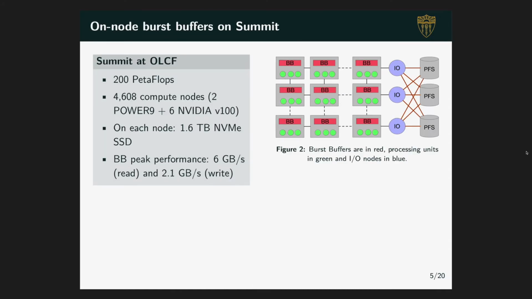So the first burst buffer design is the on-node burst buffer design, which is basically each compute node has a dedicated burst buffer, a private storage accessible only from this node. As you can see on the figure on the right, the burst buffers are in red and the computing units are in green.